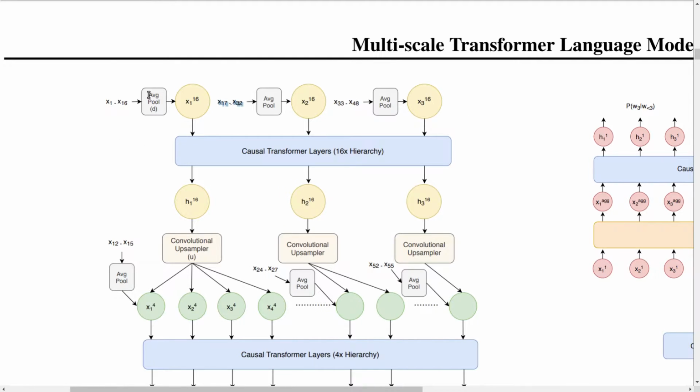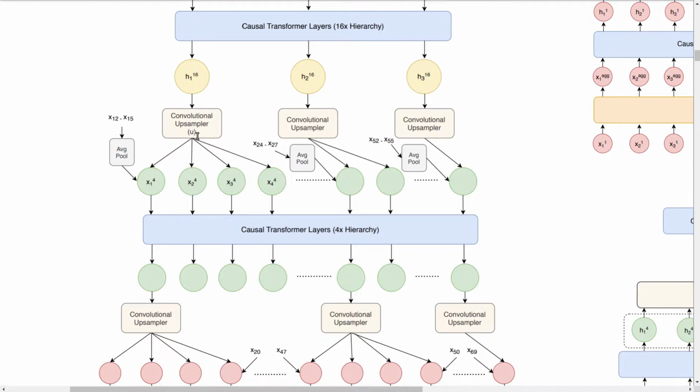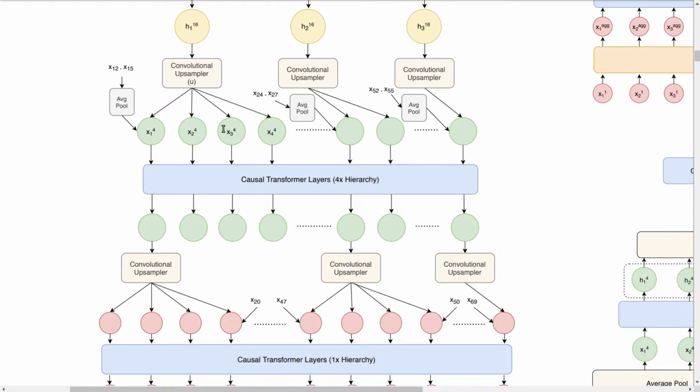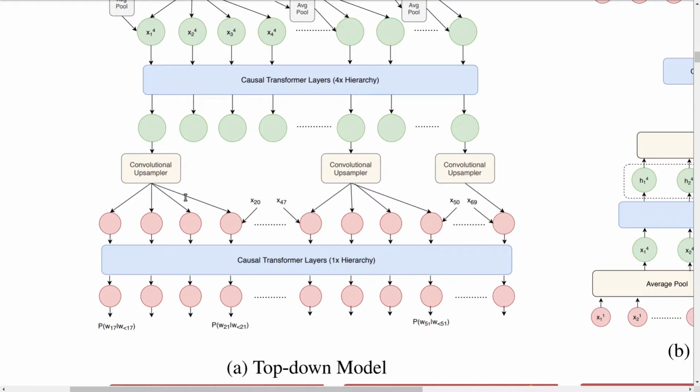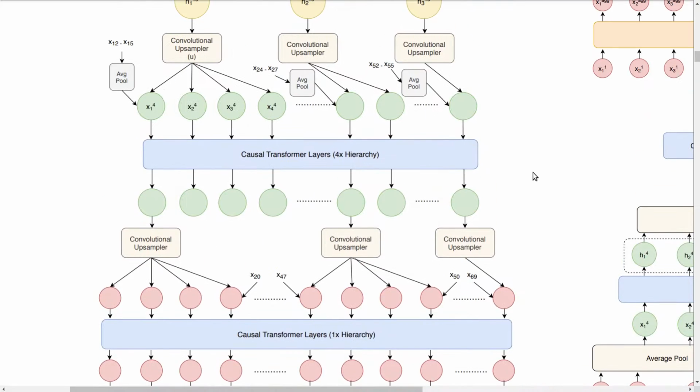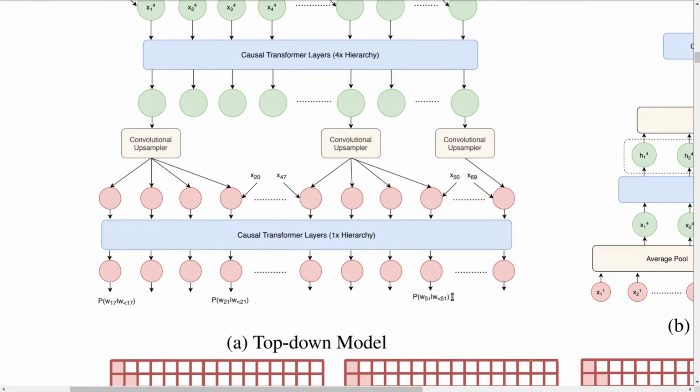You're applying some average pooling in this case, and then you have some transformer layers, and then you have some convolutional upsamplers, which are trying to restore the resolution back to, let's say, 512 again, resulting in a more granular final representation. And then you are trying to make the prediction for the next most likely token in your sequence. Because of this coarse to granular approach, this is the top-down model.